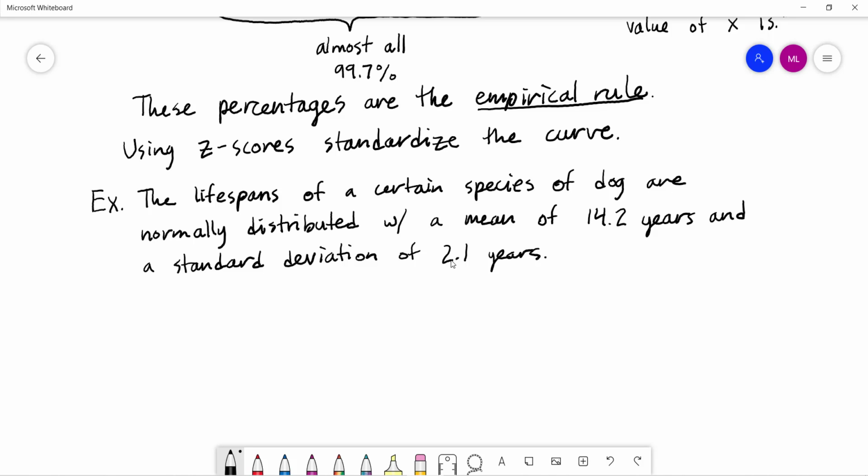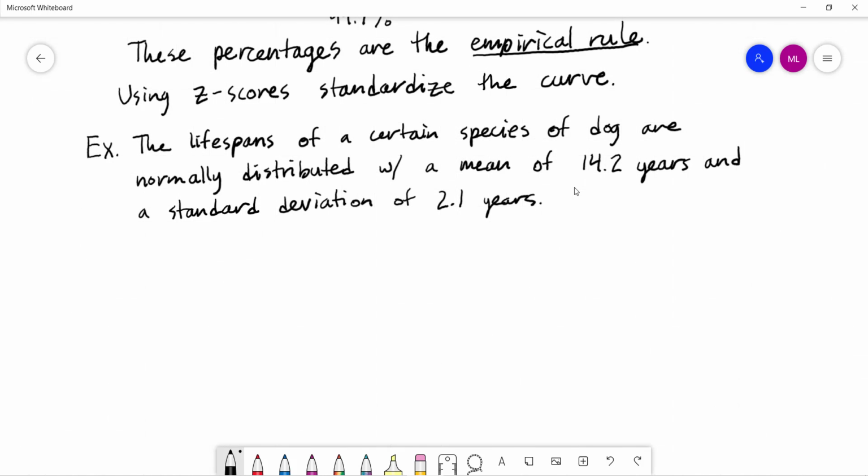The bigger this number gets, the more spread out the different lifespans are. Some live much older, some live much less. So that's the idea here. So in this case, our random variable x is going to be the age of a dog, so basically the total lifespan, and it's measured in years.